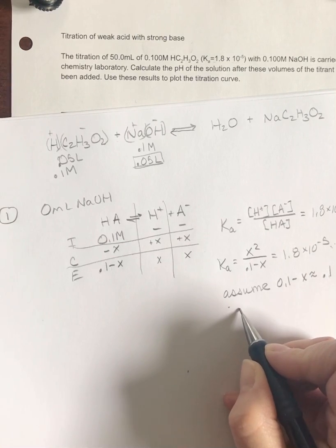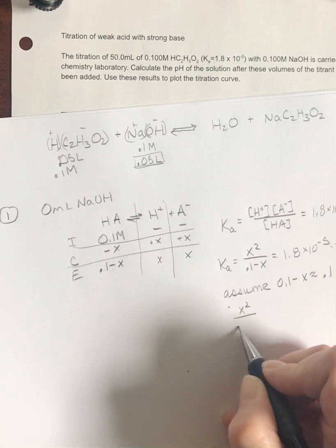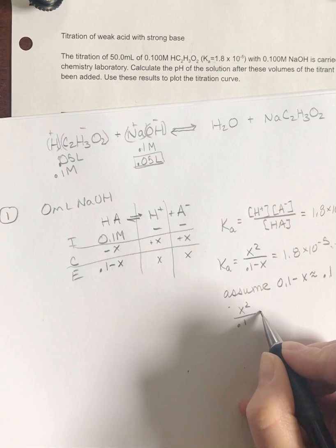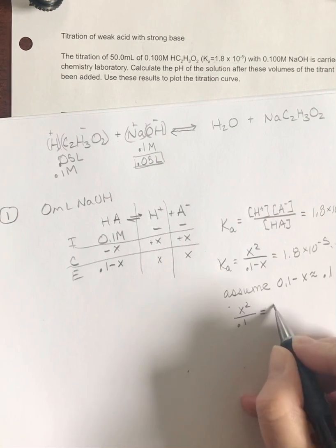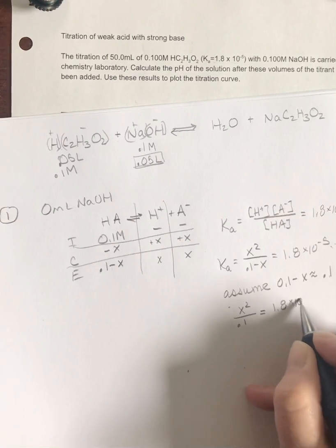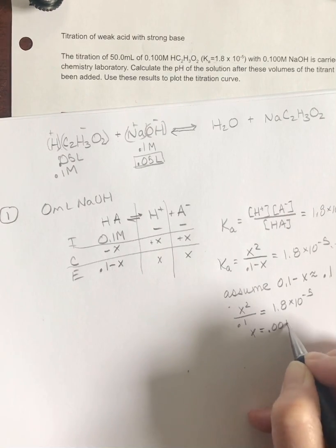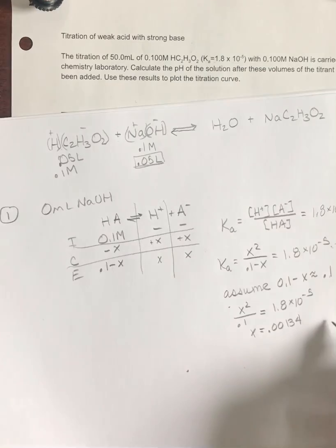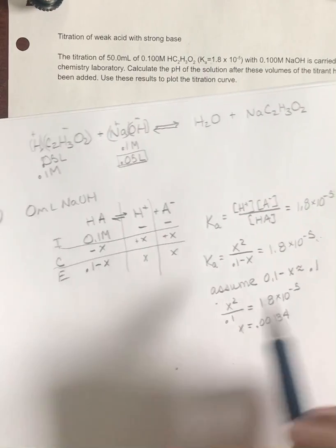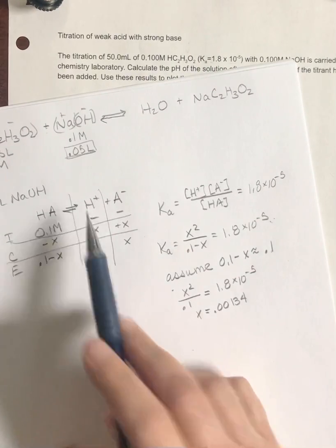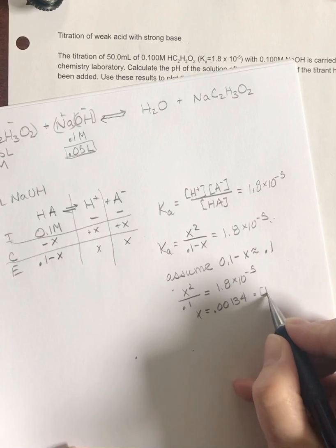So when I solve that, I can rewrite it as x squared over 0.1 equal to 1.8 times 10 to the minus 5. X is 0.00134. I'm remembering that X here is my H plus concentration.